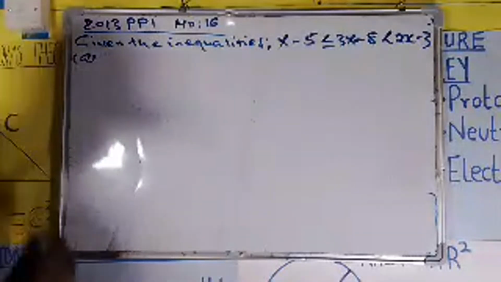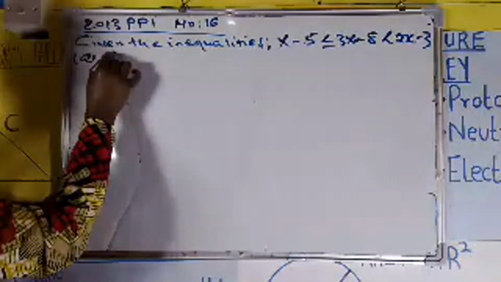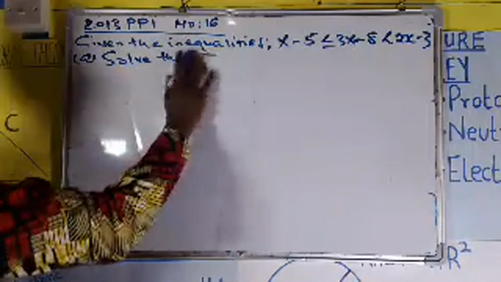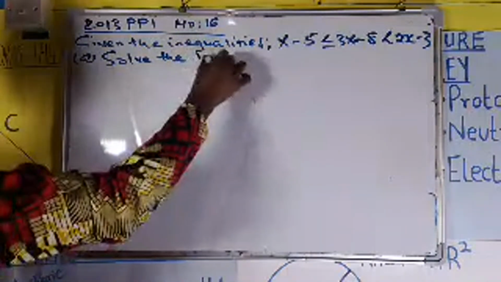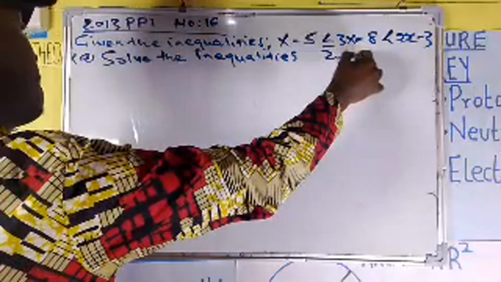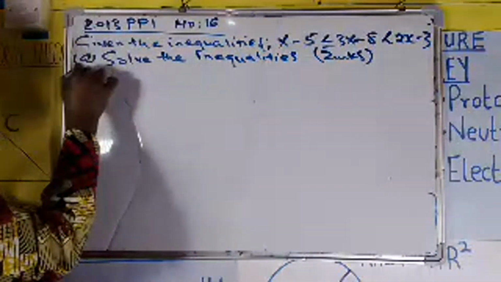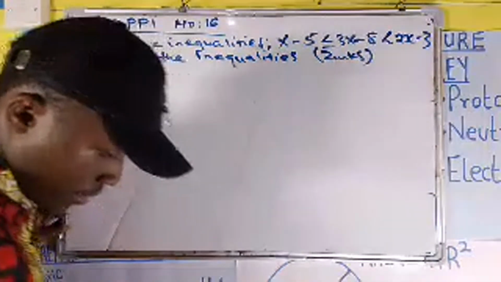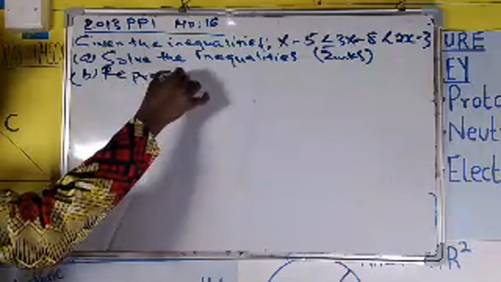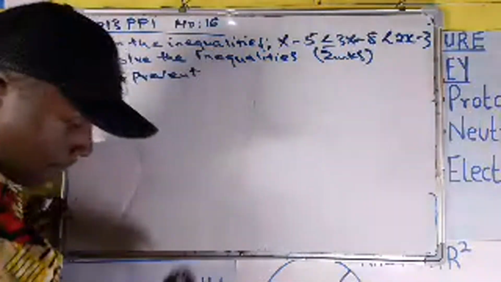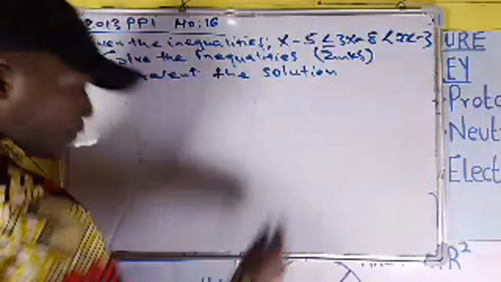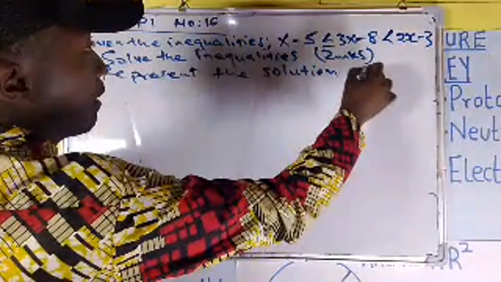A, solve the inequalities. Two marks. B, represent the solution on a number line.